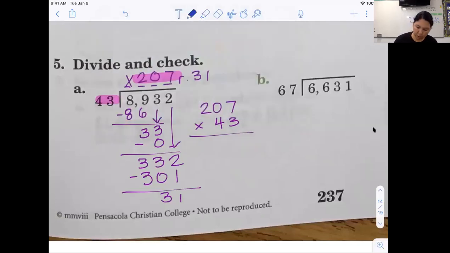What's 7 times 3? 21. 3 times 0 is 0, plus that 2 on top, 2. 3 times 2 is 6. Good job. Let's erase my 2 on top, draw my 0. 4 times 7 is 28. 4 times 0 is 0, plus 2 is 2, and 4 times 2 is 8.